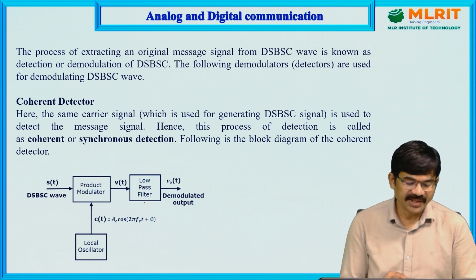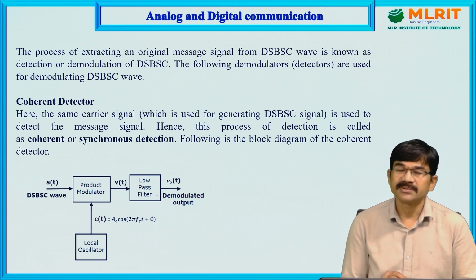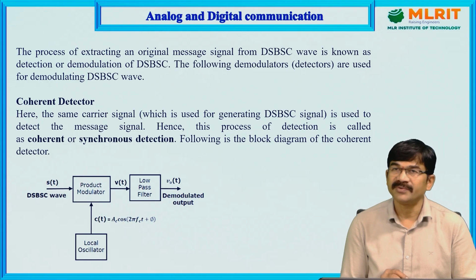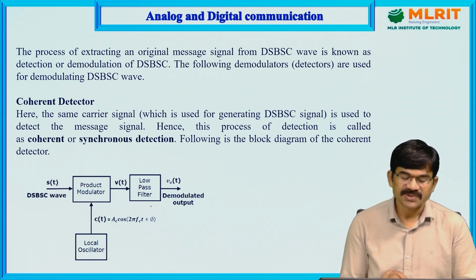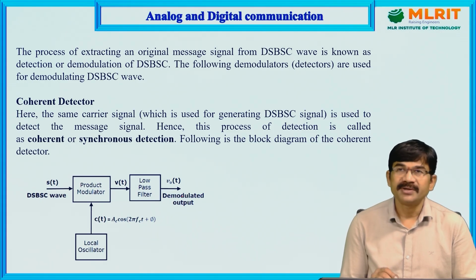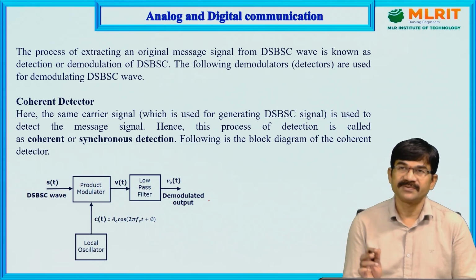That v of t is applied to the low pass filter. We design the low pass filter in such a way that it allows only the message signal through, and other high frequency signals and noise can be eliminated by the low pass filter. So finally, at the output of the demodulator, we obtain the original information that was transmitted from the transmitter section.